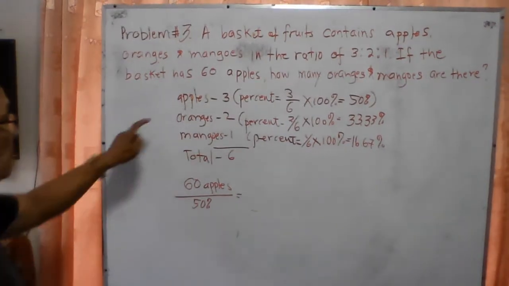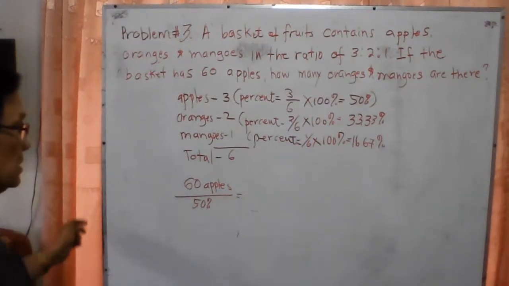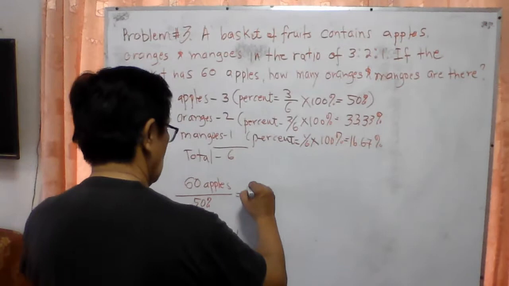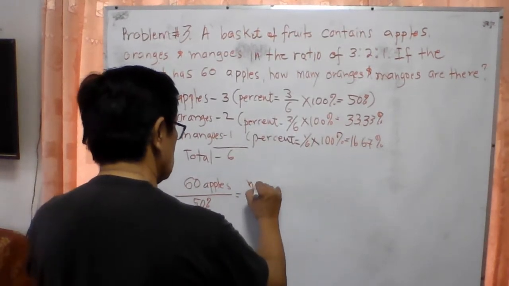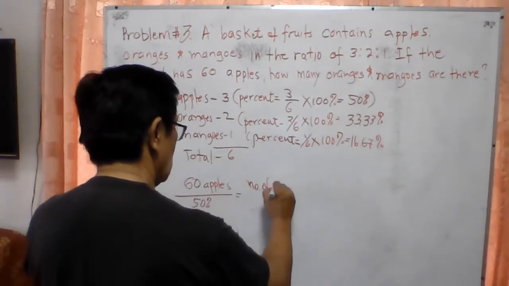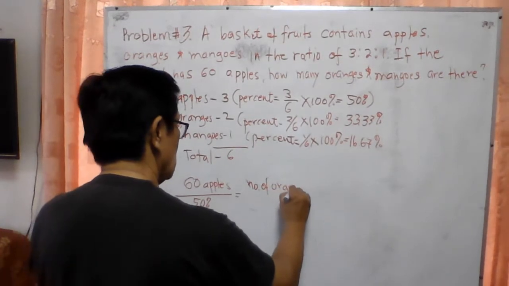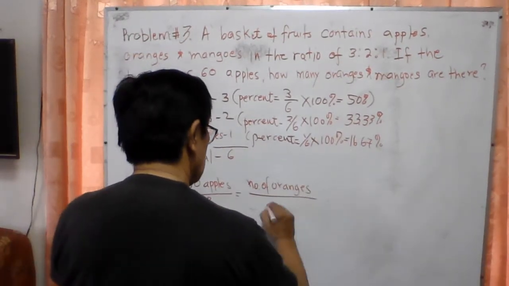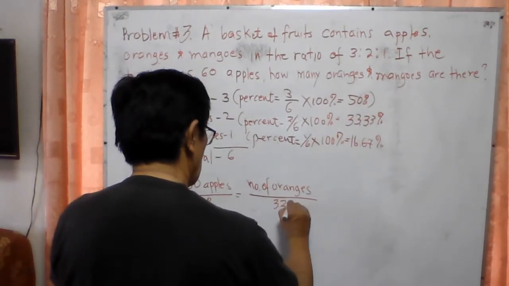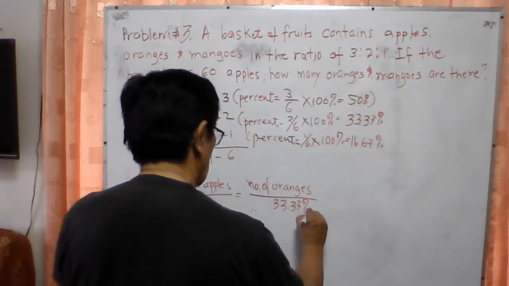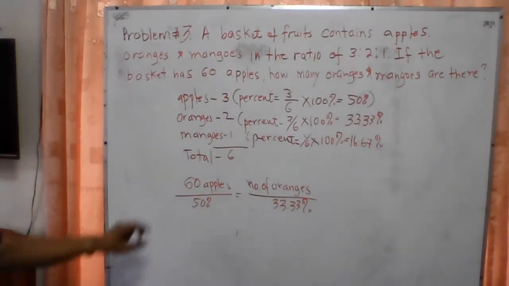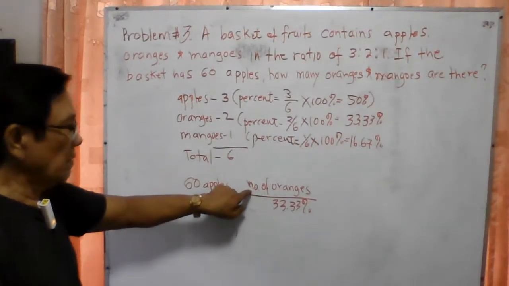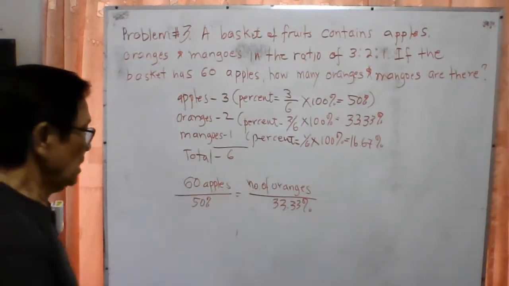So if you have an unknown number of oranges, the number of oranges corresponds to 33%. So therefore, you have only one unknown, the number of oranges here.